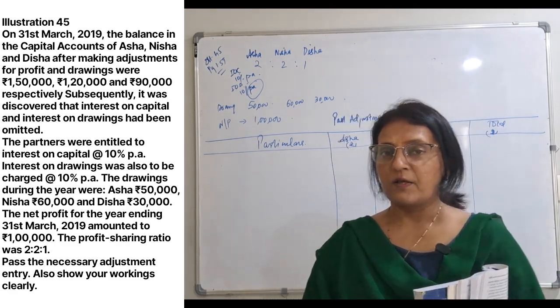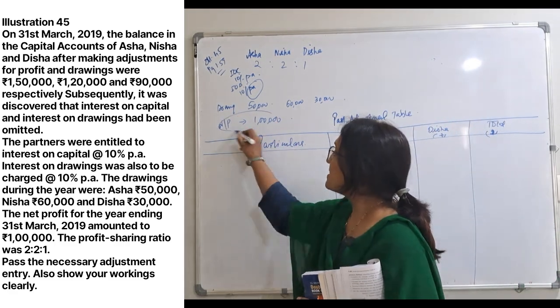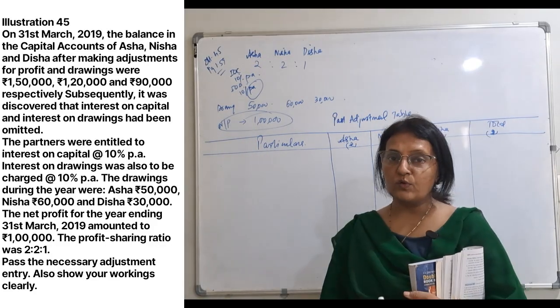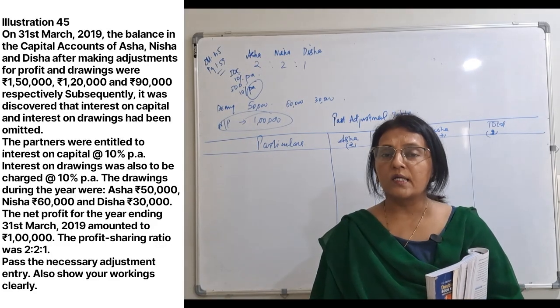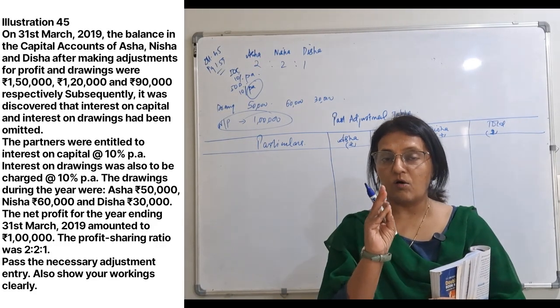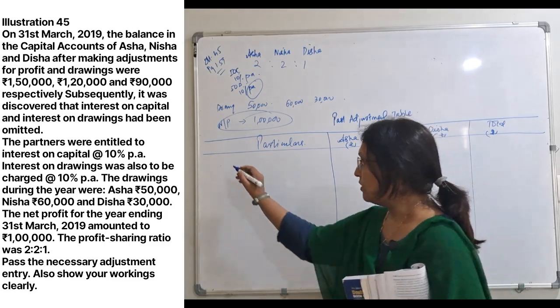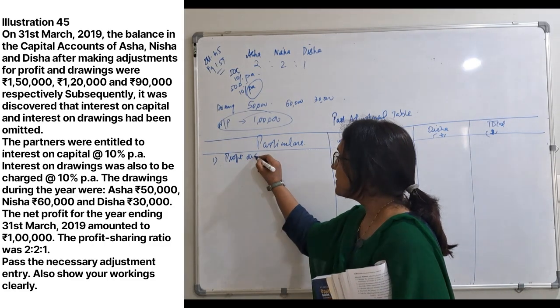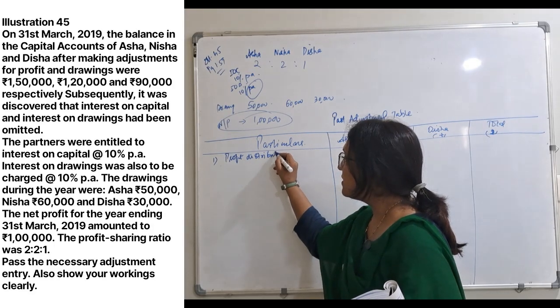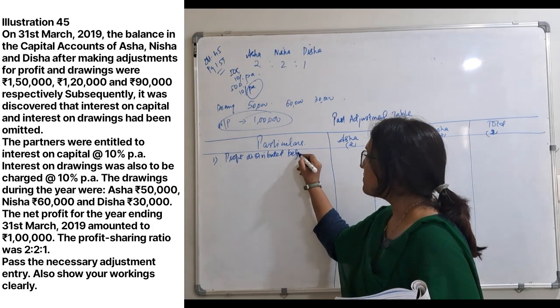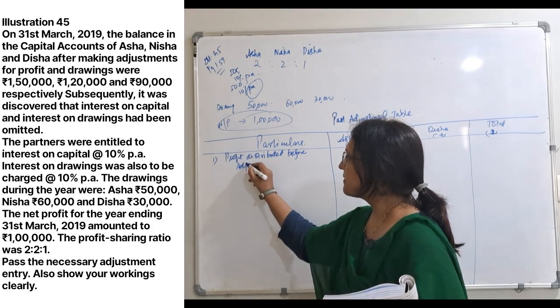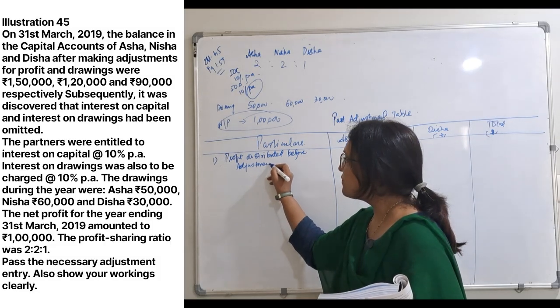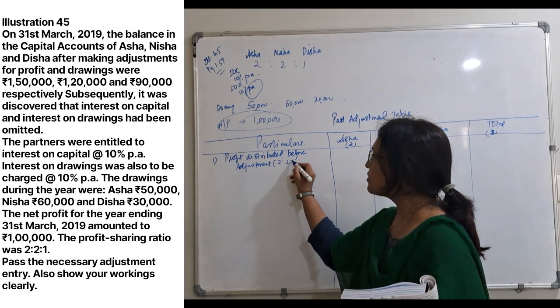First is, we have what all the partner is supposed to get and what is the error that has taken place. First, we have given this net profit in the ratio of 2:2:1 without giving any interest on capital or charging interest on drawing. So the first part is profit distributed before adjustments. In which ratio we have distributed? 2:2:1.